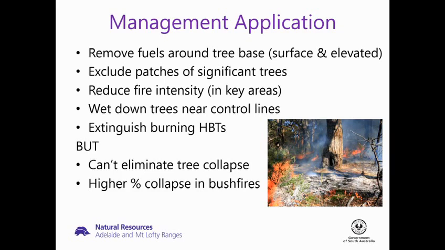Reducing the fire intensity, that can be done across the entire burn site, although that might compromise other ecological objectives. And so what we do now is often our firelighters will light up immediately around the base of a significant tree. That causes a low intensity backing fire away from that tree, and that works really well. And our crews are very good at wetting down trees that might be close to them before they catch fire, or extinguishing any that do.